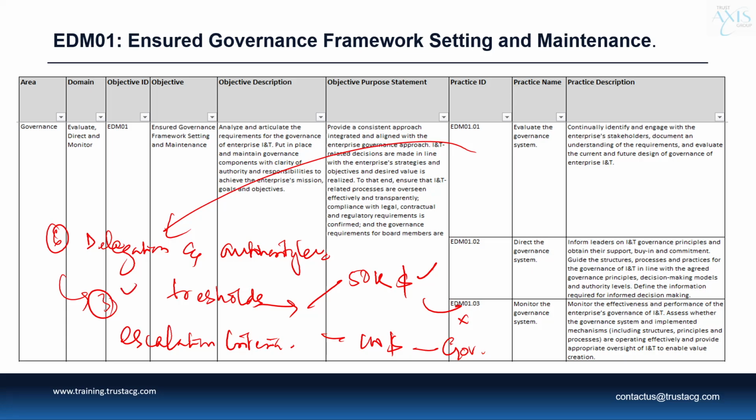Okay. So, the overall outcome this particular practice is going to give you is around ensuring that your governance framework, whatever is defined, evolves with evolving regulatory requirements, contractual obligations, or business environments, and then you must evaluate it on a periodic basis to validate whatever governance framework has been in place.